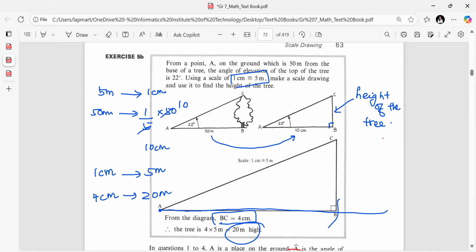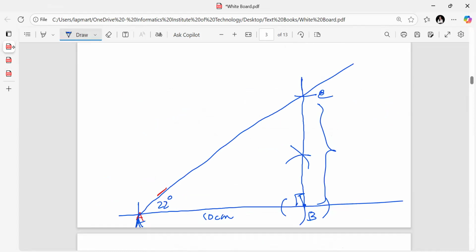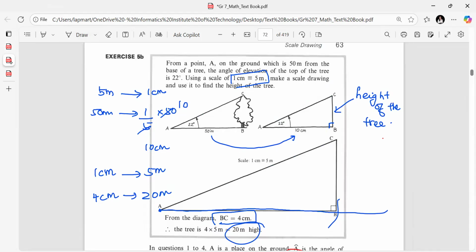So after that, you do the construction here, right? You do the construction like this and you measure BC. When you know that BC is 4 centimeters and 1 centimeter is equal to 5 meters, 4 centimeters is equal to 20 meters. So then you get the height of the tree, or the BC height, is 20 meters, right?